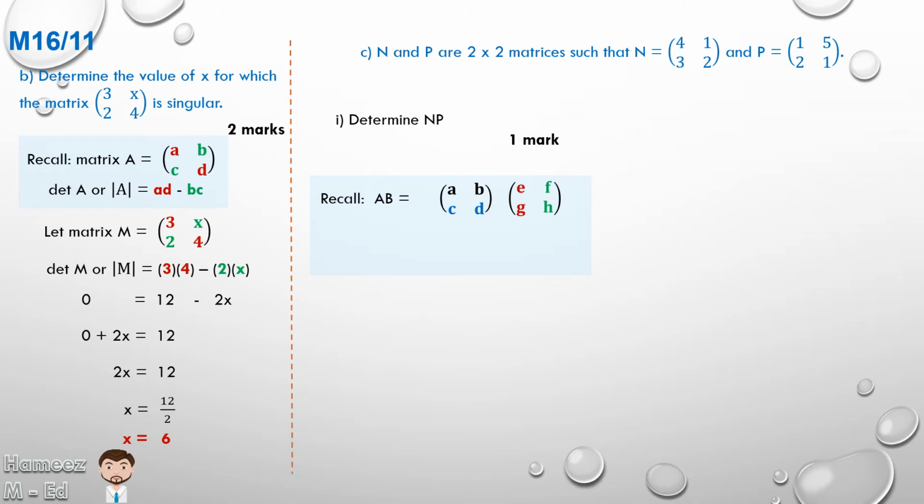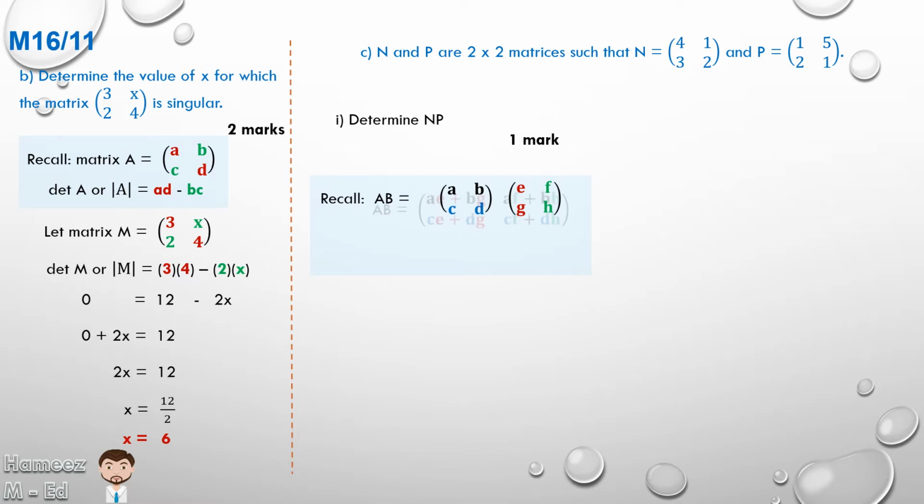So let's recall AB is equal to A, B, C, D and E, F, G, H. And multiplying matrices like these, we need to multiply the rows of the first matrix by the columns of the second matrix. So I have them in the colors black for the first row and blue for the second row, and for the columns it will be red for the first column and green for the second column. And if there was a third column, then we'd have that in a different color as well.